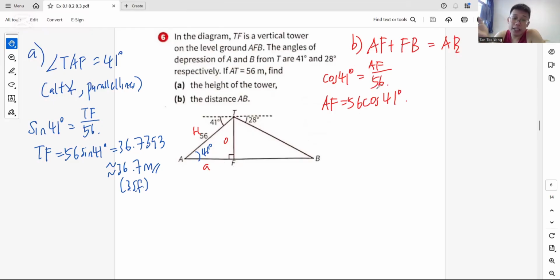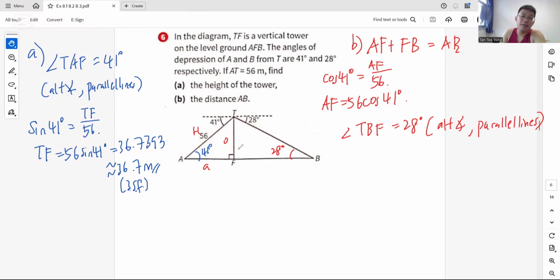Then the next part, I want to find FB. First, we know that angle TBF is also equal to 28 degrees because of alternate angles, same reason as for angle TAF. Alternate angles, parallel lines.